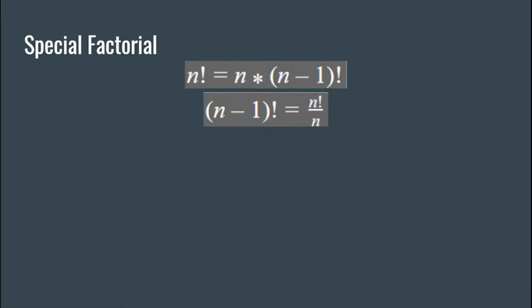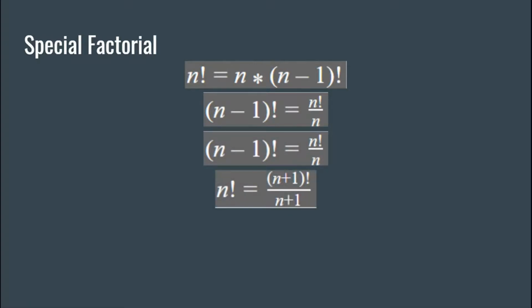Now, this might seem weird, you don't normally see this, but I'm going to add 1 to each thing. There we go. I'm going to add 1 to each thing, so I get n factorial is equal to n plus 1 factorial over n plus 1. Now I can put in any random number for n, but keep in mind, if you use any number, it has to be the same one that goes in for each n.